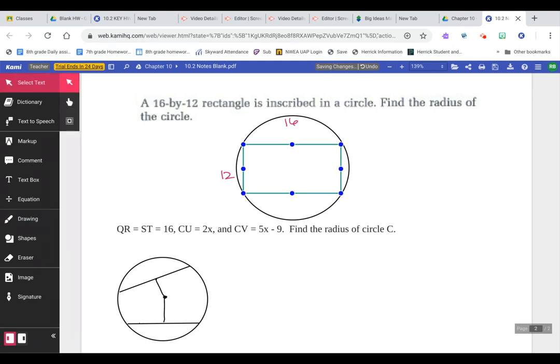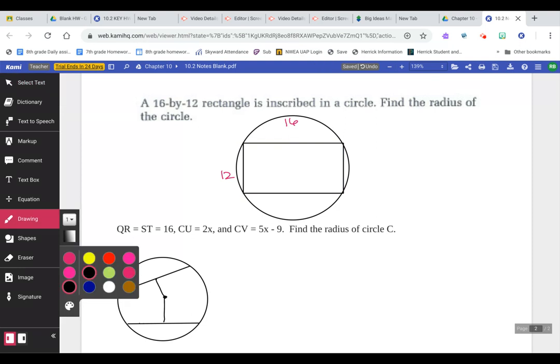Now, let's put a mark for the center of the circle right here. And ultimately, we're trying to find the radius of the circle. So the radius we can draw from here to there. And the reason why I did that is because you always want to try to get a right triangle in this shape.